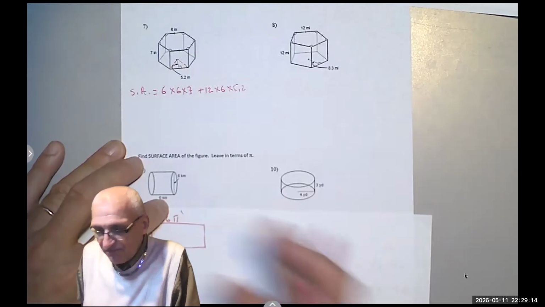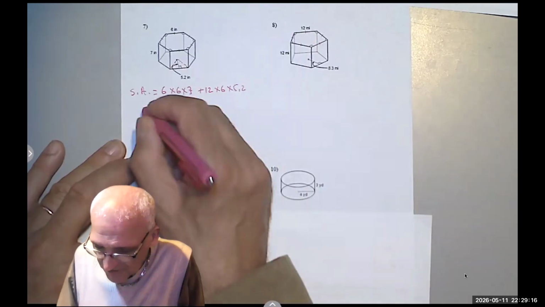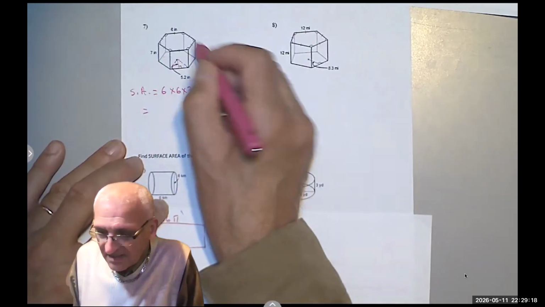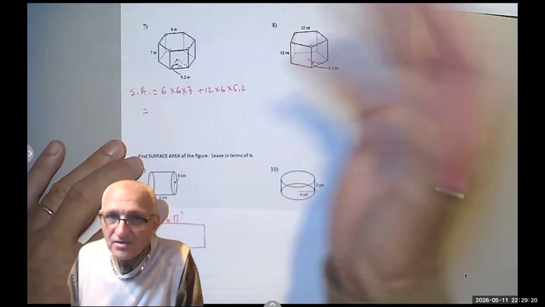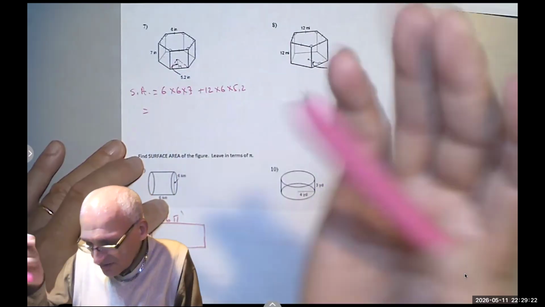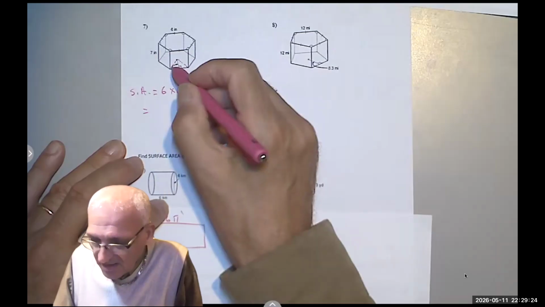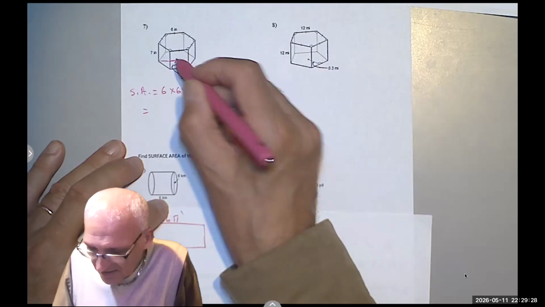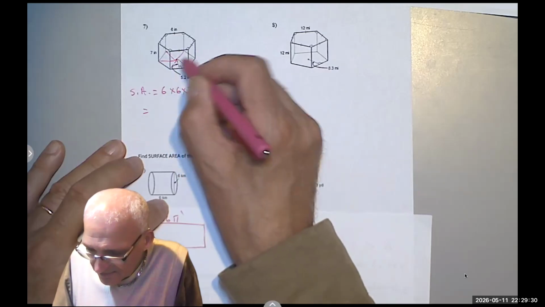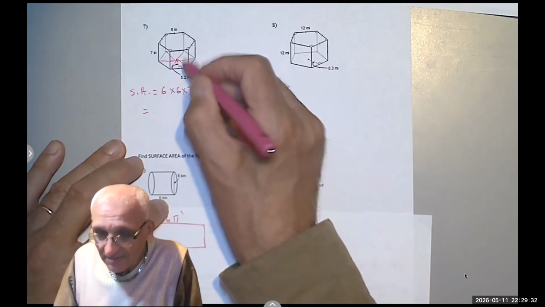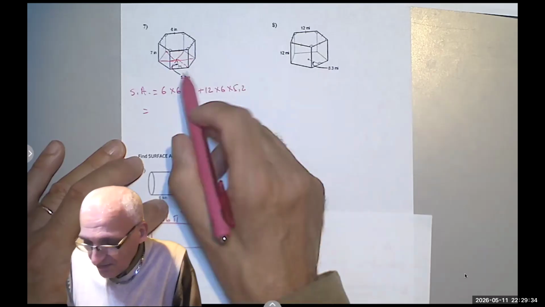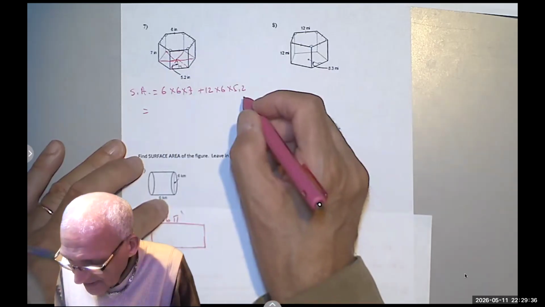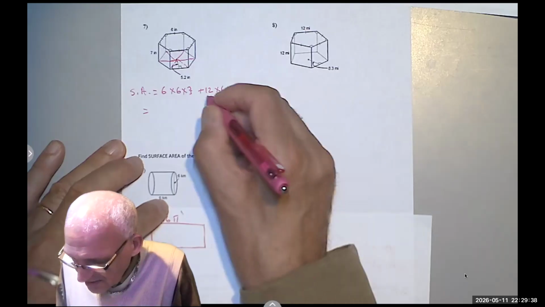I can do it very fast by noticing that these faces are identical, so there is no reason to calculate each one separately. It's one and for all, same thing. If that's a hexagon, I can divide it into 6 congruent triangles, and each one of them has an area of 1/2. Did I multiply? No, I said 12. I'm sorry.